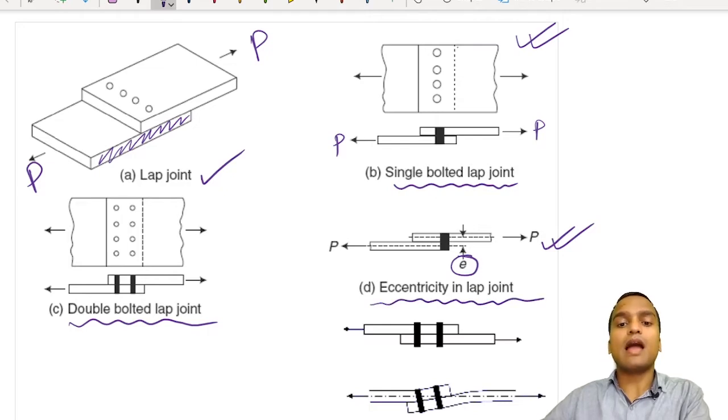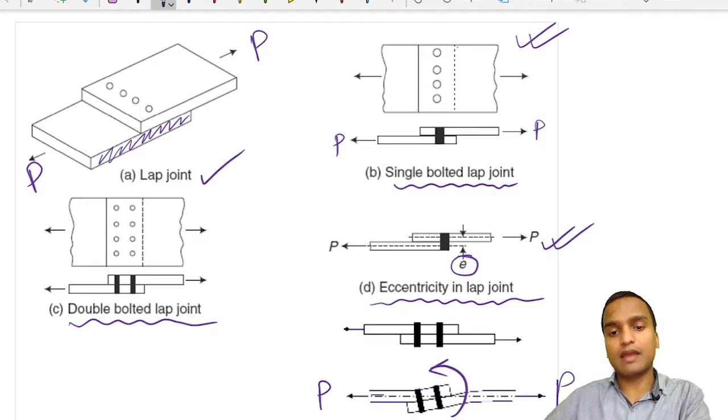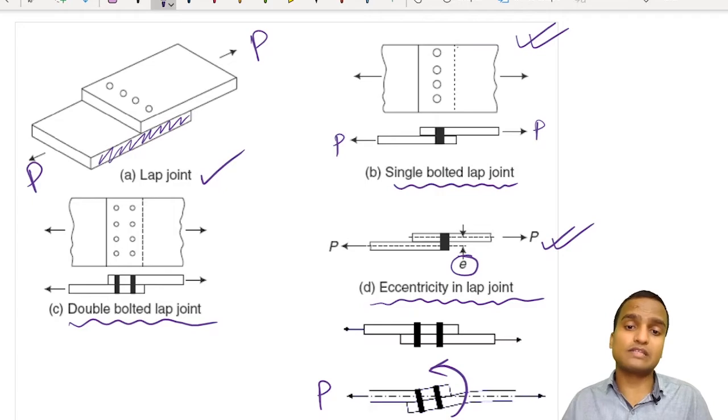Okay, and due to this the joint tries to rotate in this direction so that the forces become concentric and pass through the same axis, isn't it? You see this? But what is the problem in it? The joint becomes inclined, and due to being an inclined joint there are chances of development of tensile stresses also. So bolts may fail in tensile stress also.